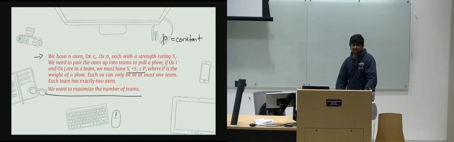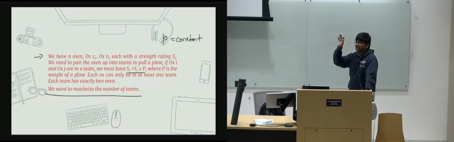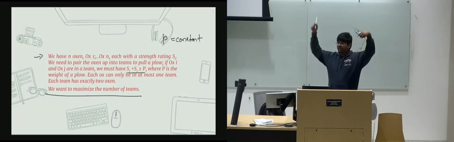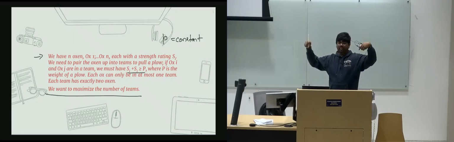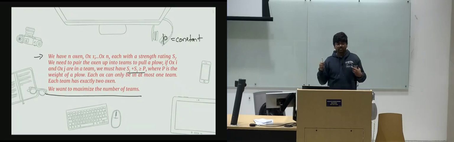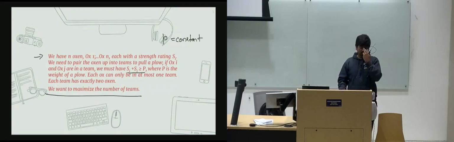It's almost similar to the problem that we did before. Does anyone have a solution for that? Okay, yes, that is one approach. We sort the whole list. We use 2 pointers, one at the start and one at the end, and keep moving them.